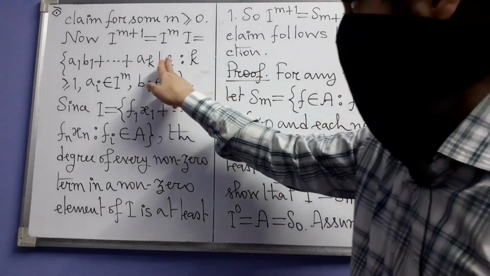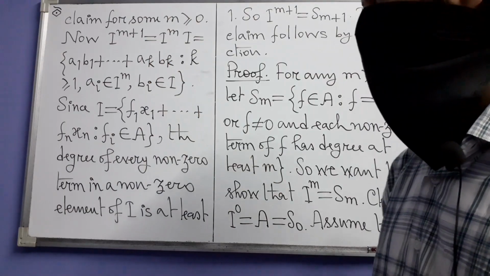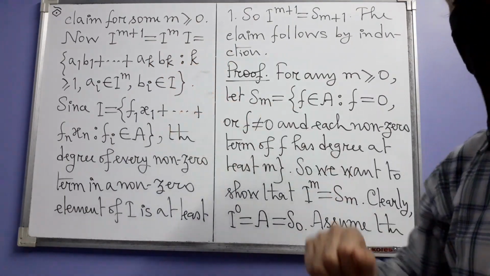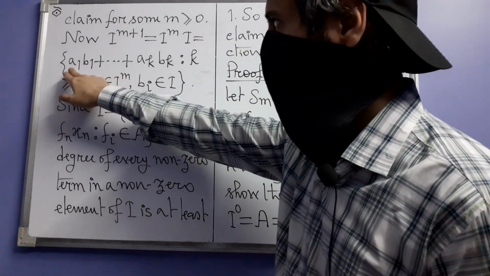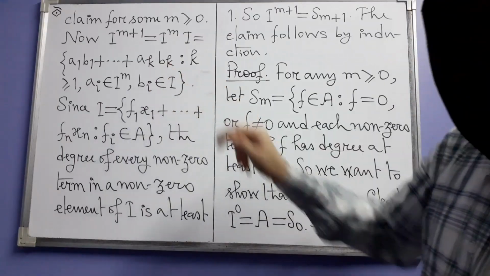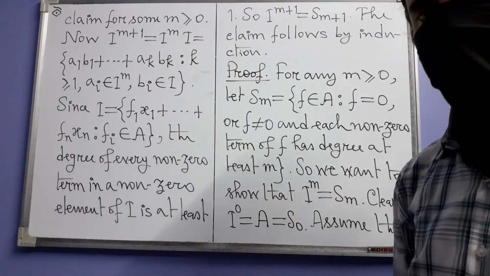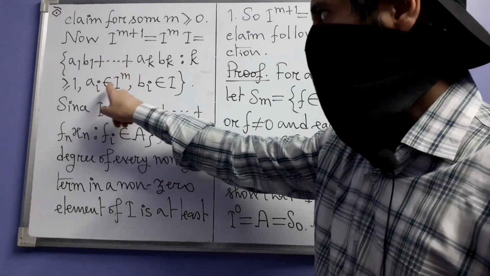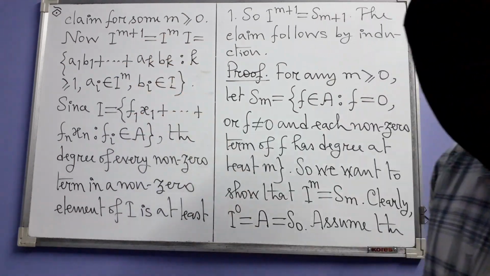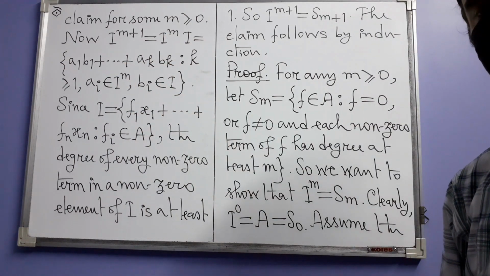The general element will be a sum of products. You know that's what happens in the product of two ideals. So the elements will look like this: a1 b1 plus a2 b2 up to ak bk, where k is some positive integer and each ai comes from I to the power m, the first ideal, and each bi comes from the second ideal, which is I.